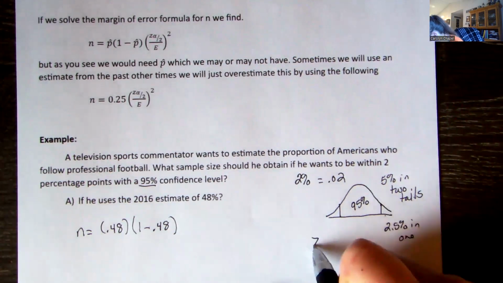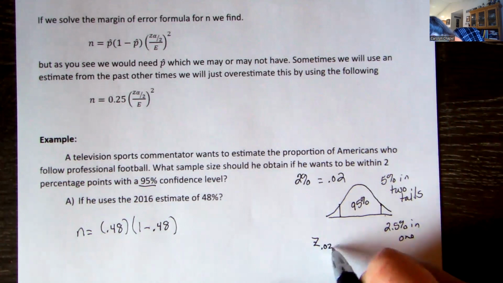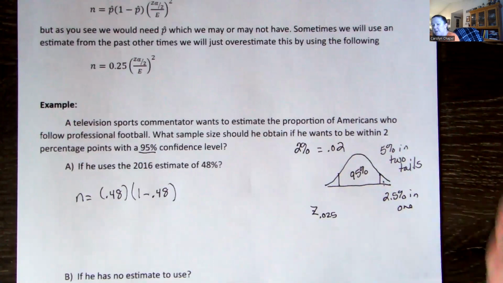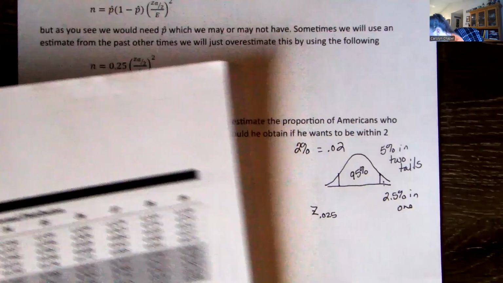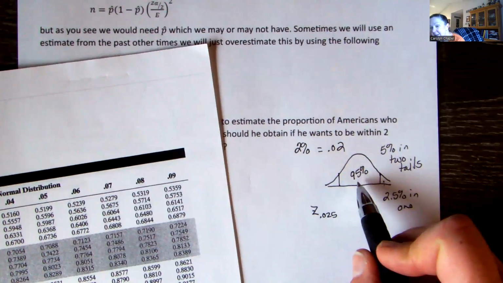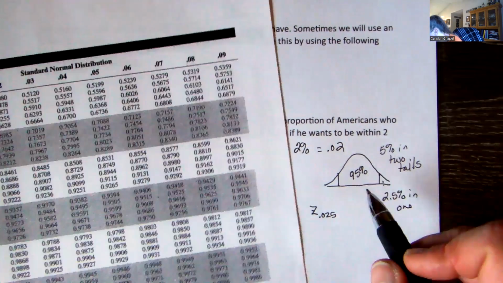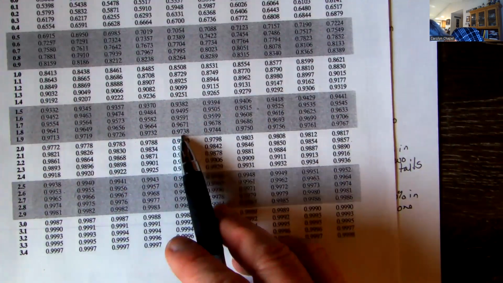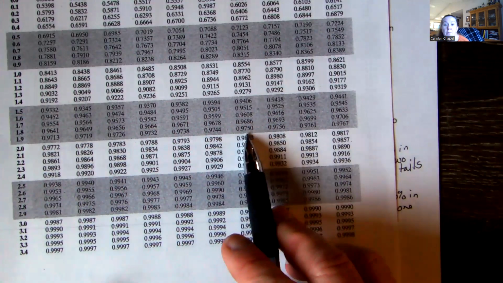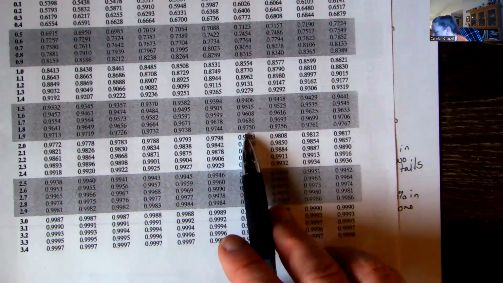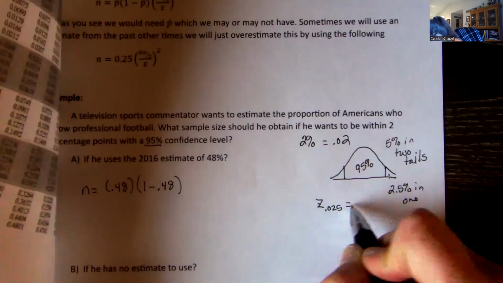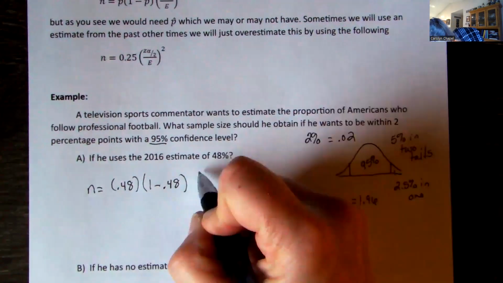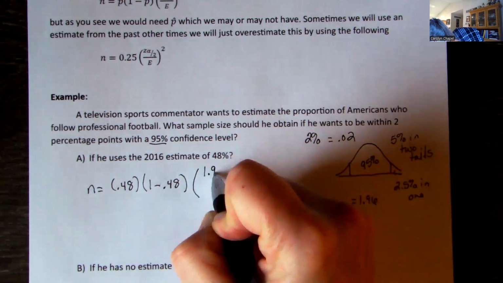Okay, so if I look for z 0.025, it's just the area up here, which means we're going to use our table here, and we're looking for 0.975. There it is, 0.97500, and it's 1.96. Kind of nice that it was right there for us. So that's going to be my z alpha over 2, 1.96.